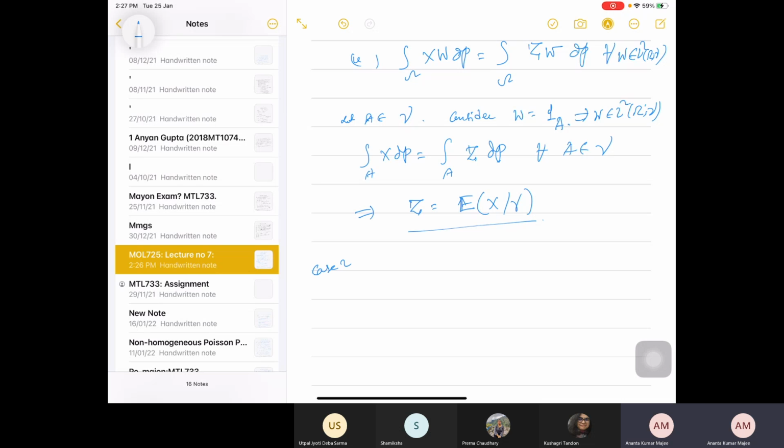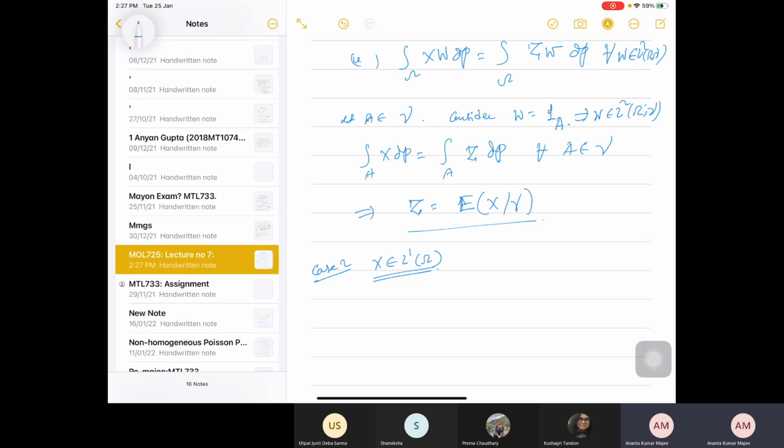So case 2: x is in L1 of omega. The idea is basically that we approximate by L2 functions, for which we know the conditional expectation exists, and then we try to pass to the limit. That is the general idea.